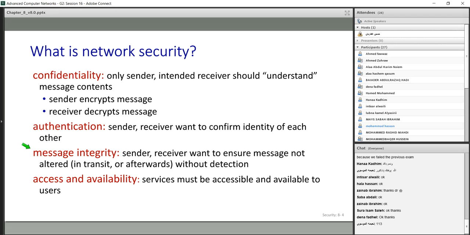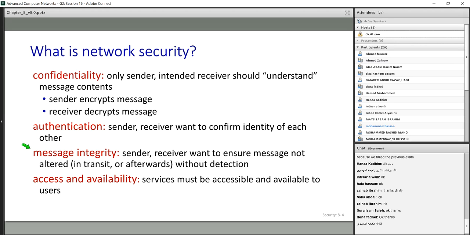Are there any other aspects in network security? Yes. There are other aspects. But the three main aspects of network security are confidentiality, authentication, and message integrity. These are the basis of network security. And access and availability are important too.